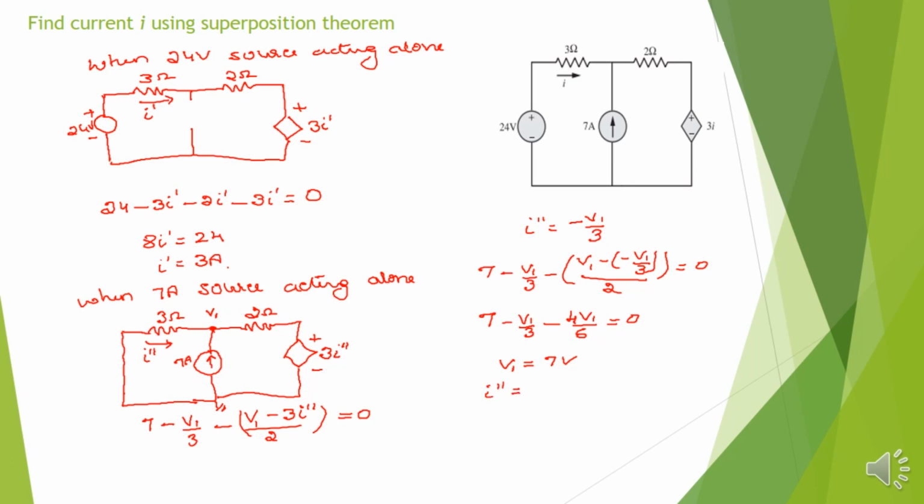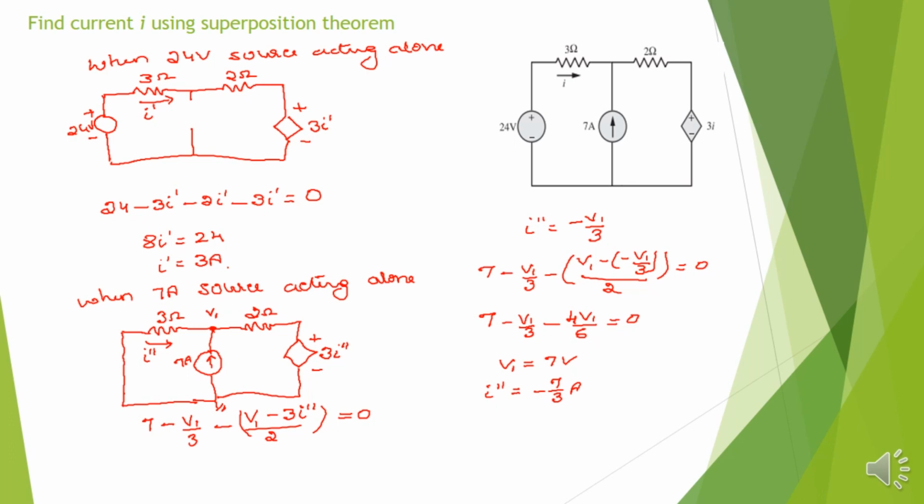Minus V1 by 3, so minus 7 by 3 amps. That is I double dash. So I dash is 3, I double dash is minus 7 by 3.